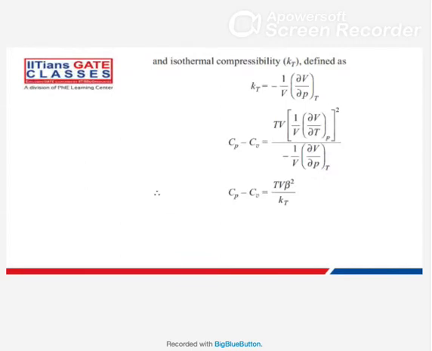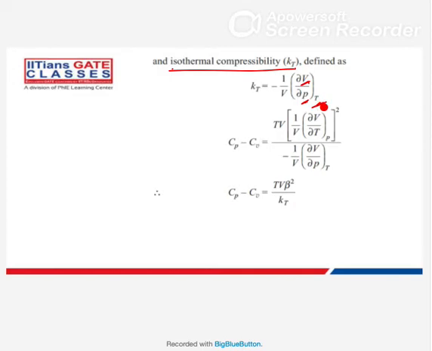Let's see what you will get. We can write this as beta. Now this is the isothermal compressibility that I was telling you about in the last slide, the change in volume with respect to pressure at constant temperature.